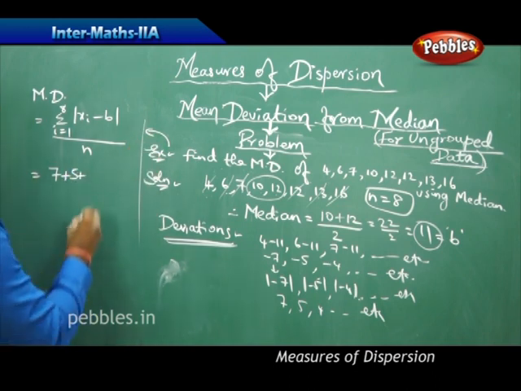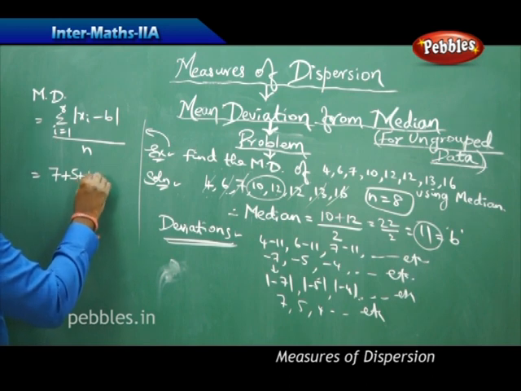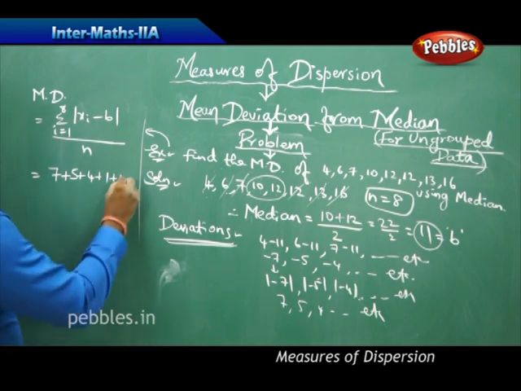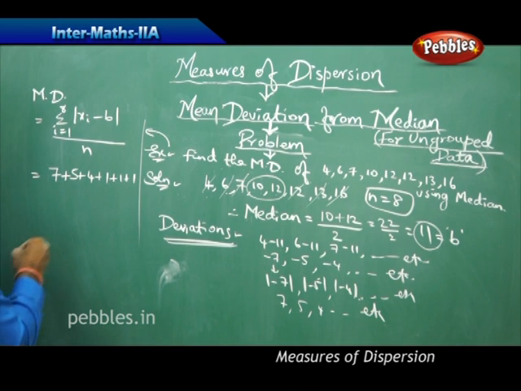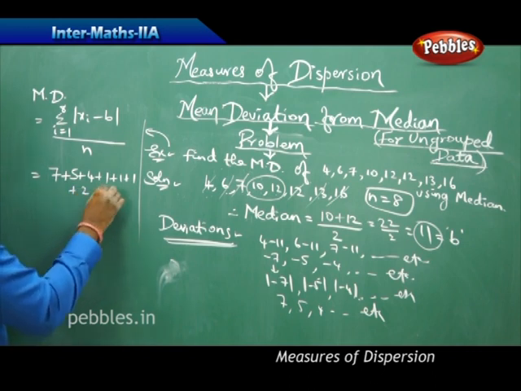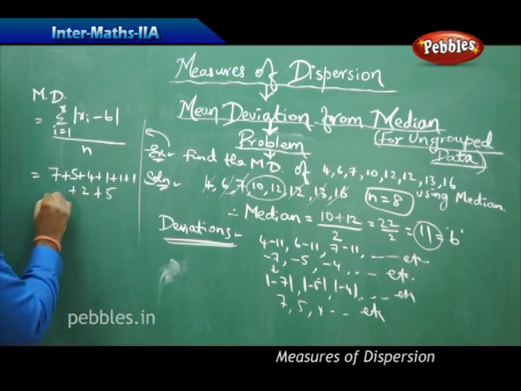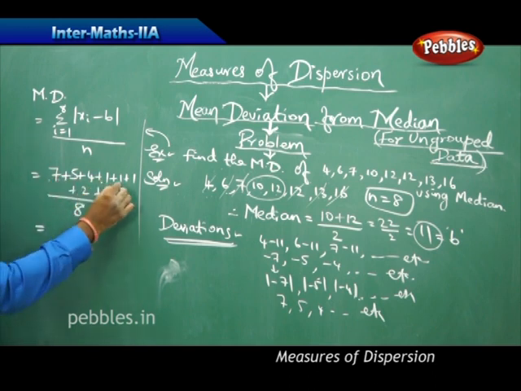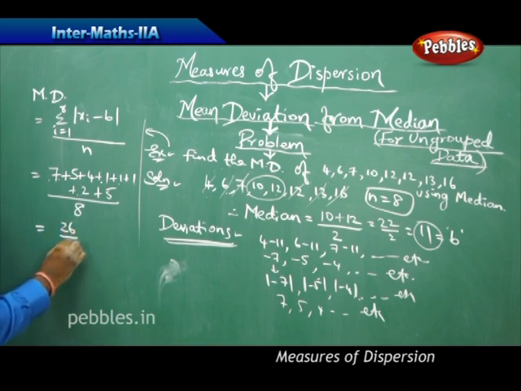11 minus 7 is 4, 11 minus 10 is 1, 11 minus 12 is 1, 11 minus 12 is 1, and 11 minus 16 is 5, whole by 8 is what we get, which on simplification gives me 26 by 8, which is 3.25.